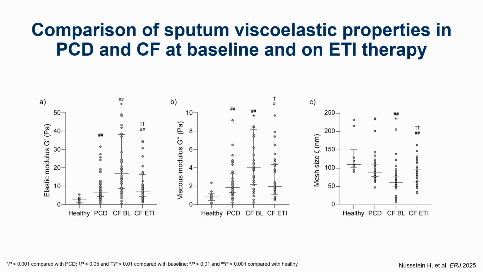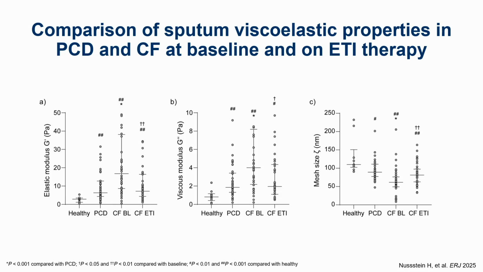Then we moved on and conducted rheological measurements to determine the elastic modulus, G prime, which you can see here on the left, the viscous modulus, G double prime, and also the resulting effective mesh pore size. One of the first things we noticed was that G prime always dominated over G double prime, which indicates a more gel-like behavior of the sputum. That was observed for all groups.